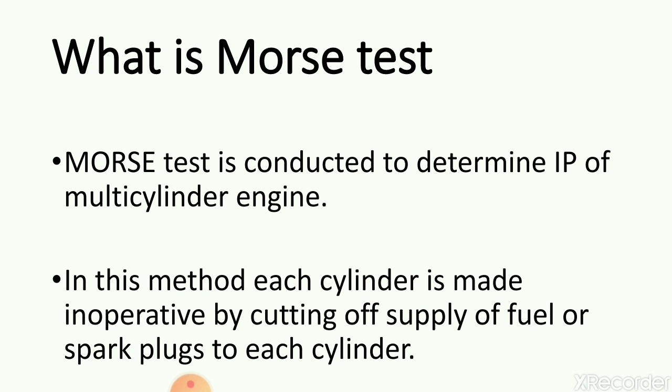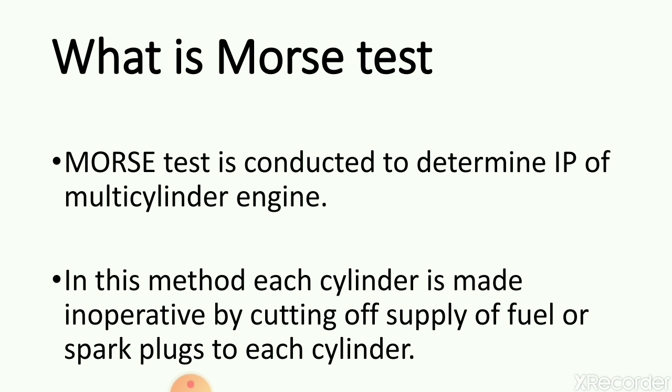each cylinder is made inoperative by cutting off the supply of fuel or the spark plug to that cylinder. So the indicated power is obtained in this method by cutting off the supply of fuel or the spark plug of each cylinder.